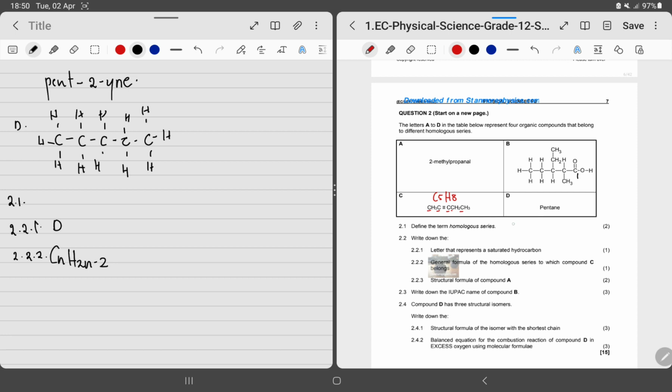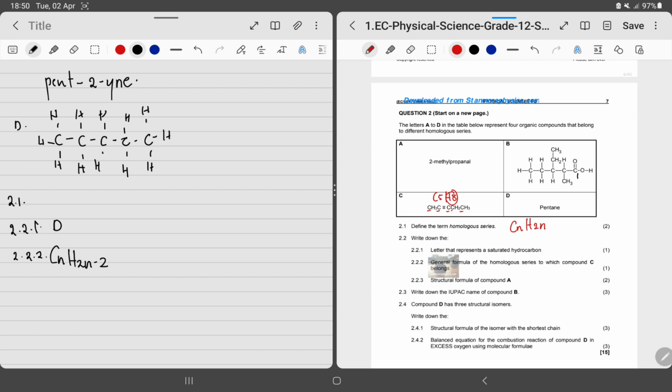Okay. Then what you do, you set up this Cn. So it looks like this, right? You're going to say you have 5 carbons, so that is Cn. And then look at this, you have 8 hydrogens. So instead of a 2n, you have a 2n minus 2.